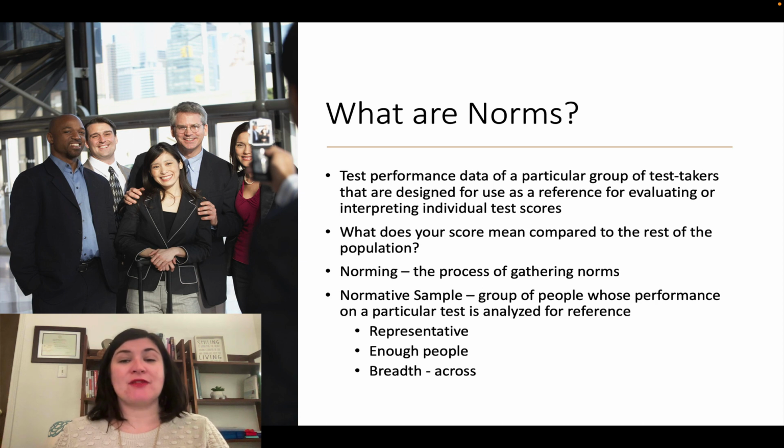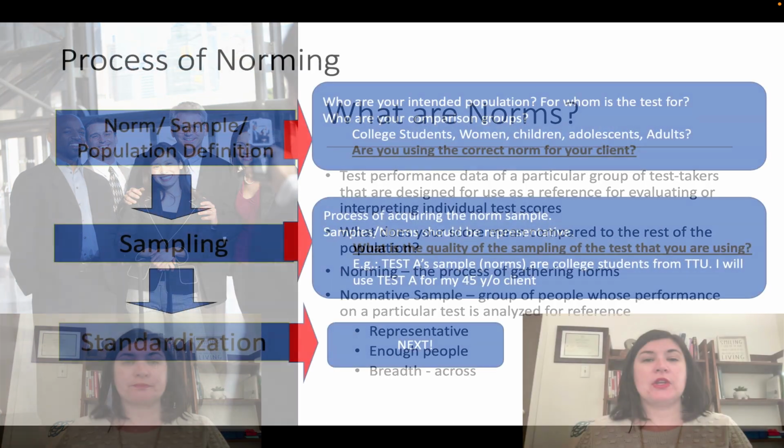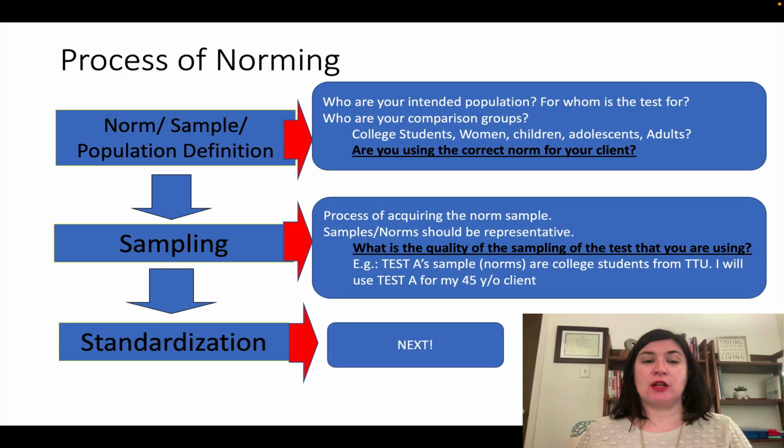Norming is the process of gathering norms. A normative sample is a group of people whose performance on a particular test is analyzed for reference, being representative of a group. It has enough people to create norms, and it's got enough people in every section across the norm sample. So this is what the process of norming looks like.